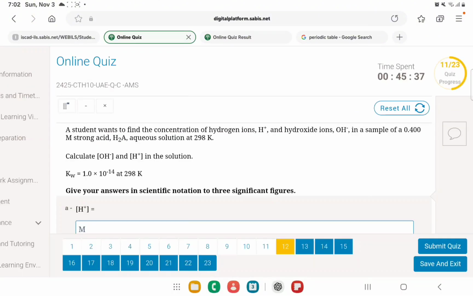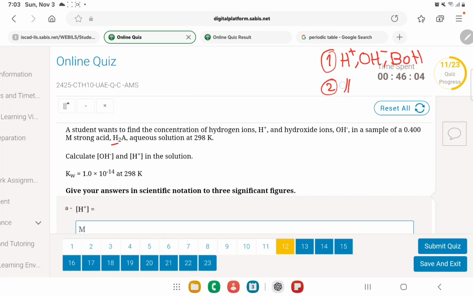And now a student wants to find the concentration of H plus ions and OH ions in a sample of 0.4 molarity of a strong acid, H2A, aqueous solution at 298 Kelvin. Okay, so we're gonna follow the steps. First step, find out if you have H plus or OH minus or both. Here we have H plus.